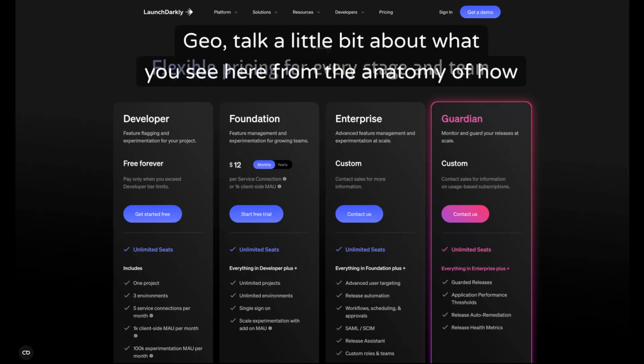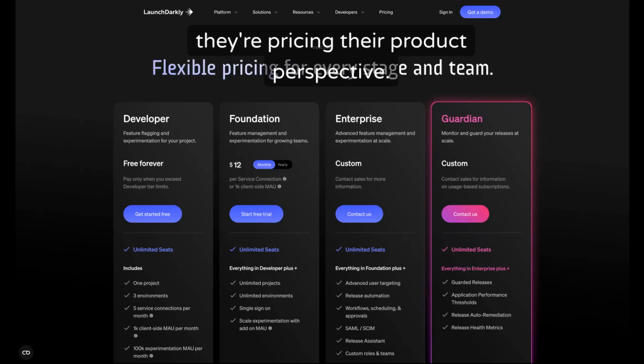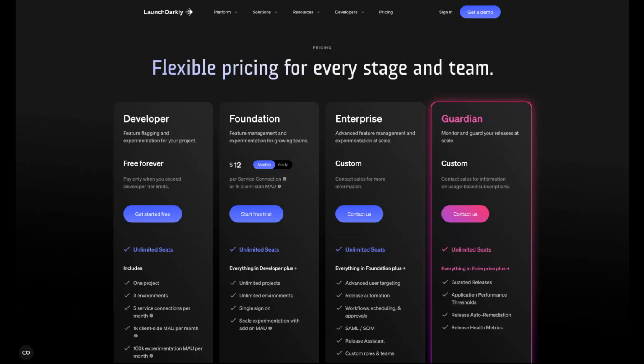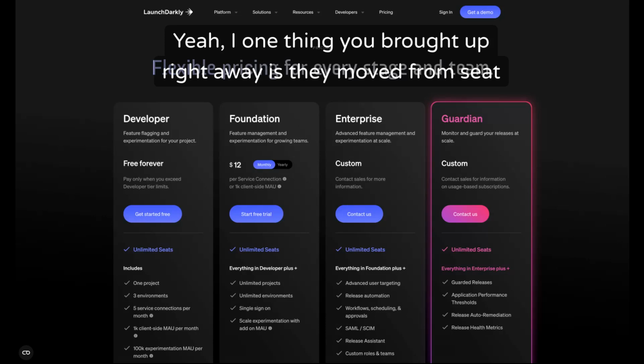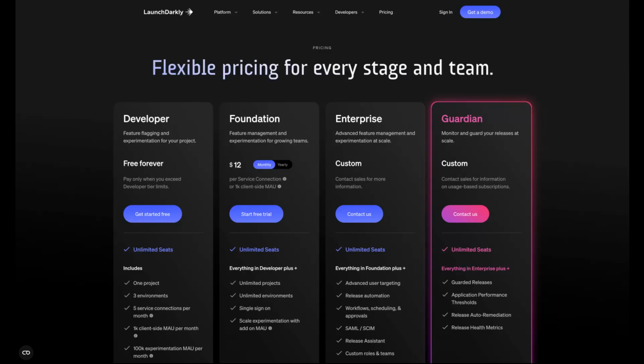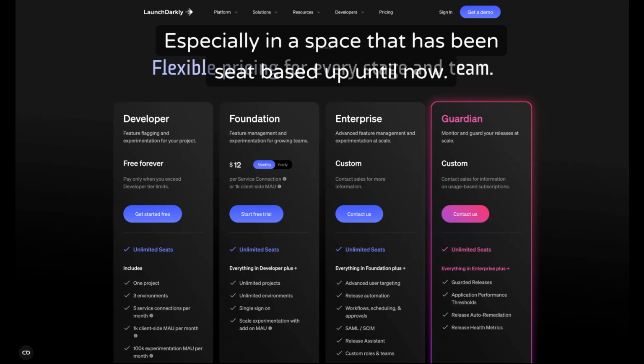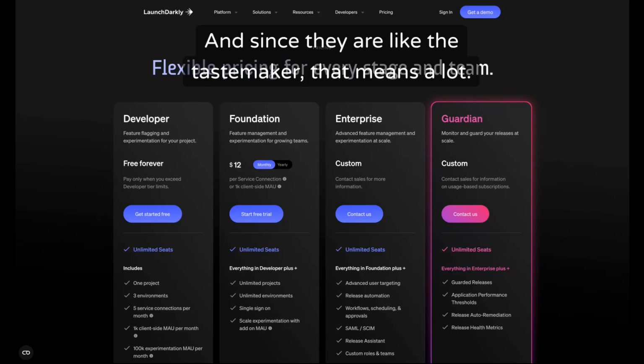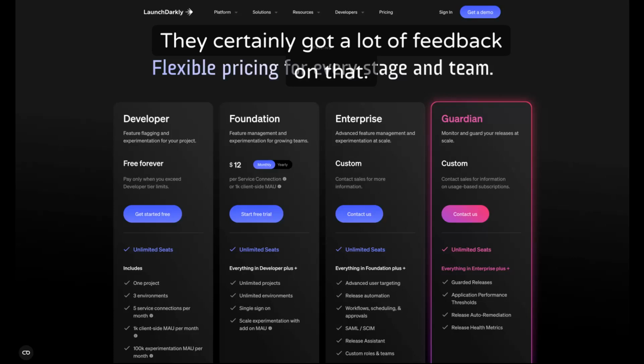Yeah. Gio, talk a little bit about what you see here from the anatomy of how they're pricing their product. Yeah, one thing you brought up right away is they moved from seat based, and that was a big deal for them, especially in a space that has been seat based up until now. And since they are the tastemaker, that means a lot. They certainly got a lot of feedback on that.